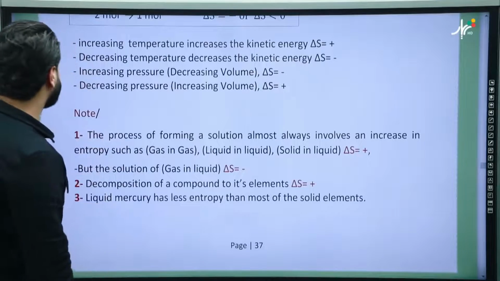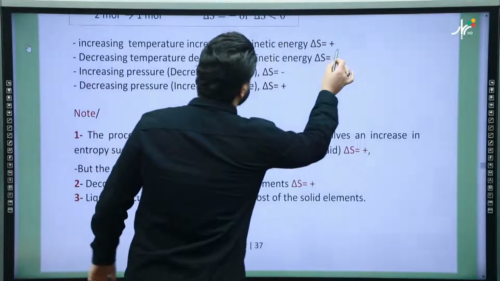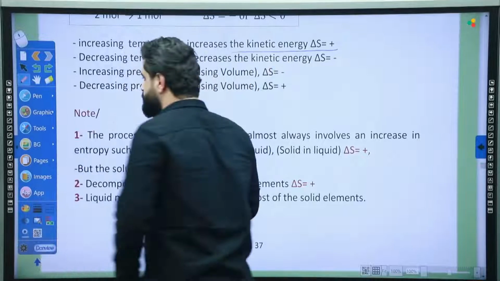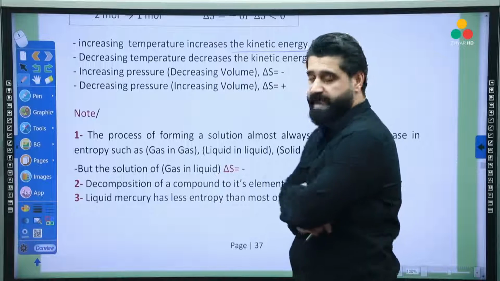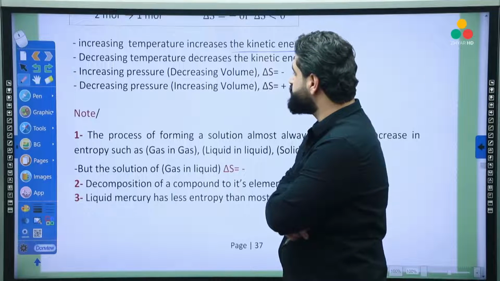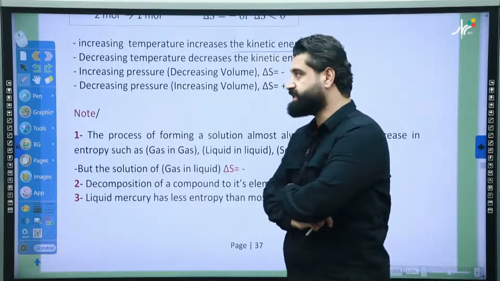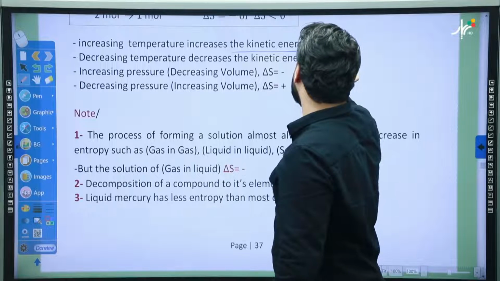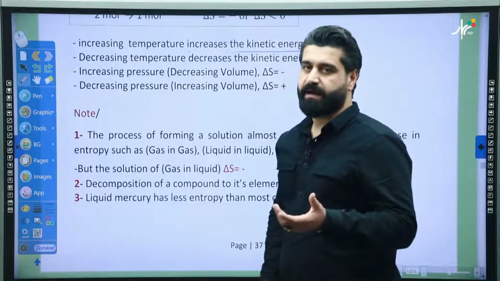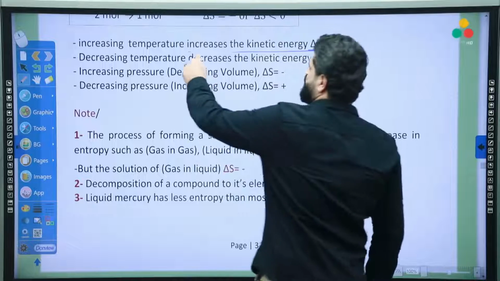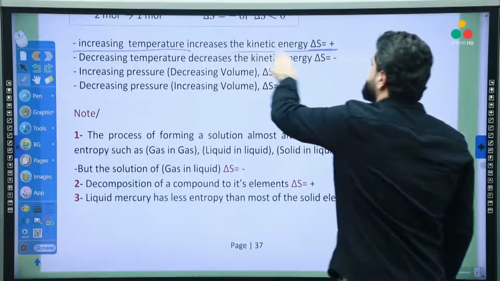We have the following processes. Increasing temperature increases kinetic energy, so it gives us a positive delta S. What if we didn't have any reaction, but there is some useful information for entropy identification? Anytime you see a question about temperature, immediately your answer must start with kinetic energy.